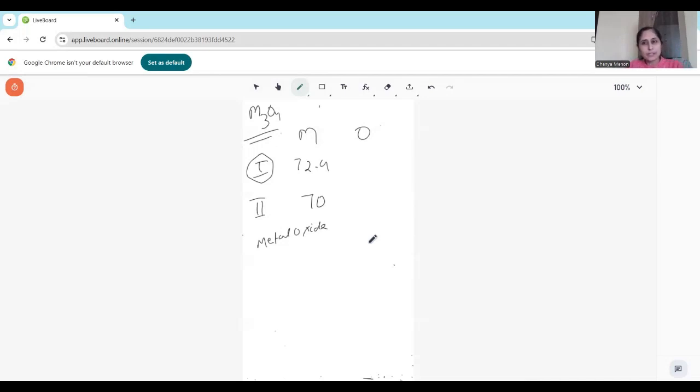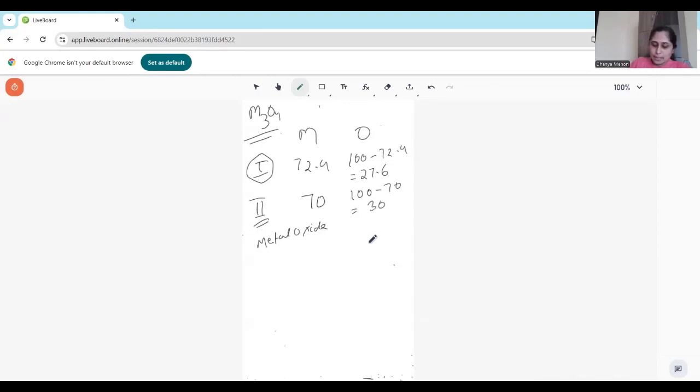Whenever the percentage of one element is given, you get the second element by subtracting from 100. 100 minus 72.4 is 27.6 oxygen. Similarly, in the second case, the metal percentage is 70. So how do you get oxygen? 100 minus 70, that is also in percentage, so you get 30.